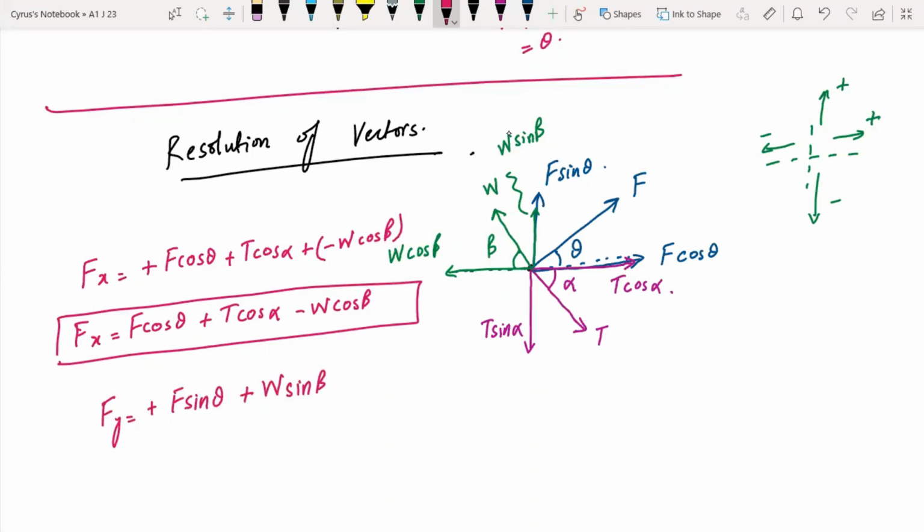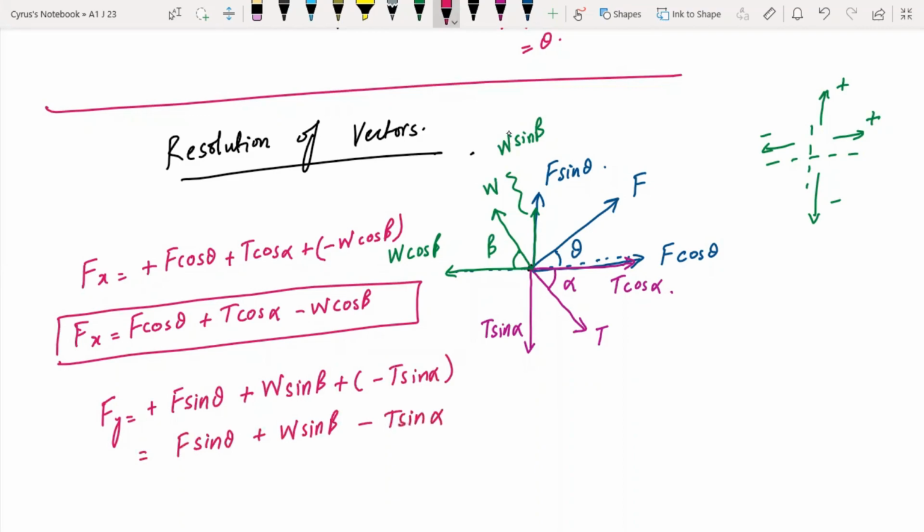This one is at the top and this one is down, so this is minus t sine of alpha. You get f sine of theta plus w sine of beta minus t sine of alpha.